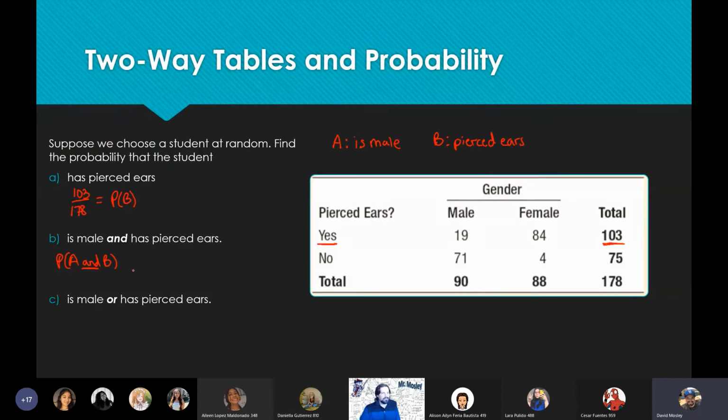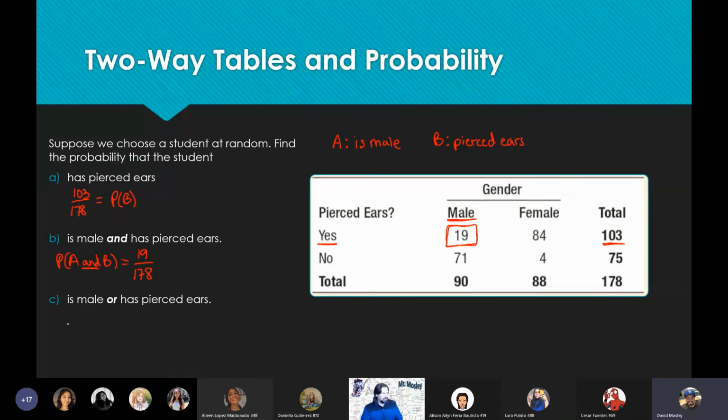Looking at male and yes, we see that right here. These are the number of males in that statistics class that have their ears pierced, 19. So we get 19 out of 178. We have 19 outcomes that fit both conditions.